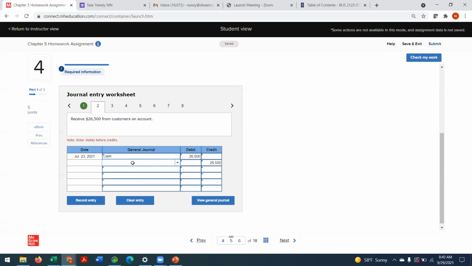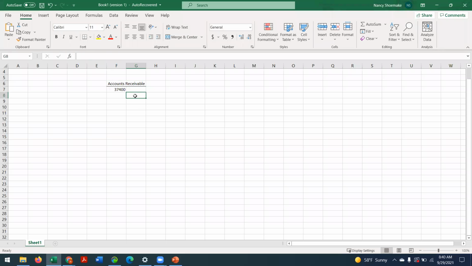Any ideas? Accounts receivable. Yes. Accounts receivable for 26,500. Okay. Awesome.